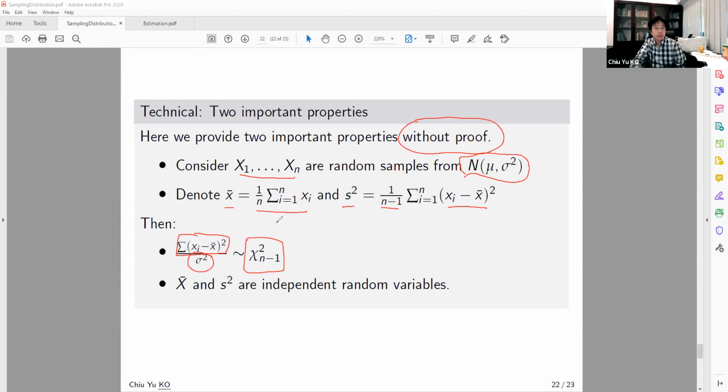And x bar and s squared are independent variables, which means their covariance is 0 and so on. So these are the two facts. We don't prove them, it's too advanced for this class, but relying on these two facts, we can prove our result.